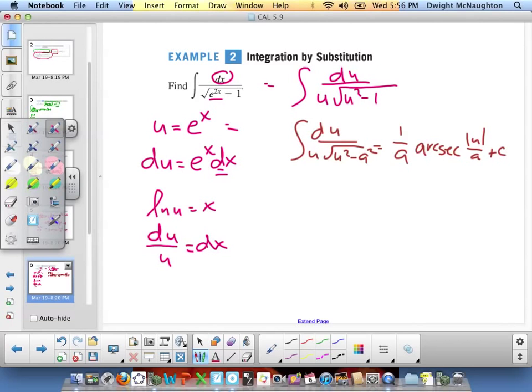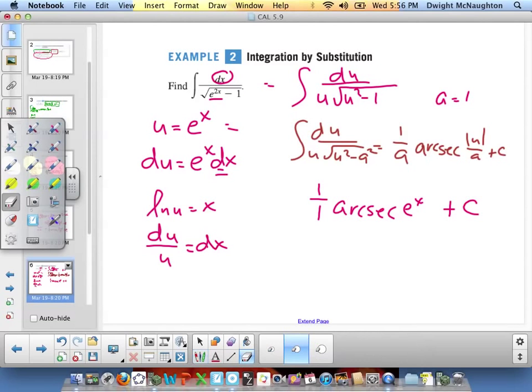Right? So just go through, let a equal 1, and fill it in. 1 over a, 1 over 1. Arcsecant of the absolute value of u, well, u is e to the x, so arcsecant of e to the x over a, which is 1, plus a constant. And you don't need the absolute value because e to the x is always positive. 1 over 1, you don't need that. Everyone knows what that is.